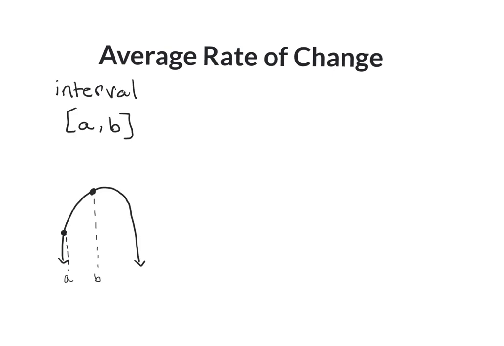So if you were looking at a function, and we're looking at the closed interval from point A to point B, and we want to find the average rate of change. That's basically just saying if I draw a linear line that connects those 2 points, what is the rise over run, or the change in y divided by the change in x.